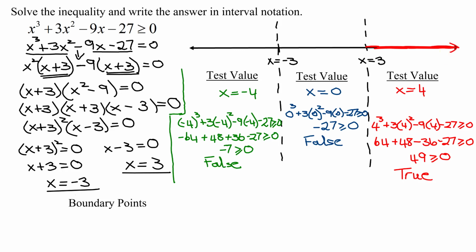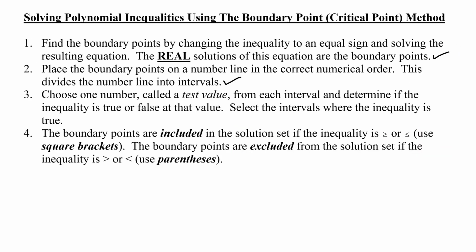So going back to our steps, I have now completed step 3, and step 4 says the boundary points are included in the solution set if the inequality is greater than or equal to or less than or equal to, and I need to use square brackets. The boundary points are excluded from the solution set if the inequality is greater than or less than, and to use parentheses.